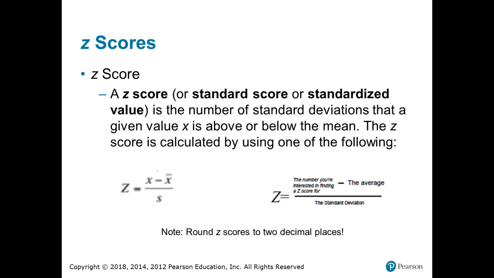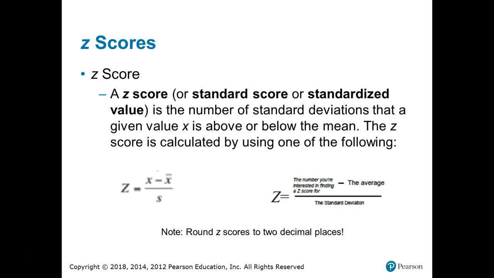It is calculated using this formula: z equals the x value you're interested in minus the mean, divided by the standard deviation. That normalizes any value and gives you a z-score, usually a number between 1 and 3, which tells you how many standard deviations you are away from the mean.